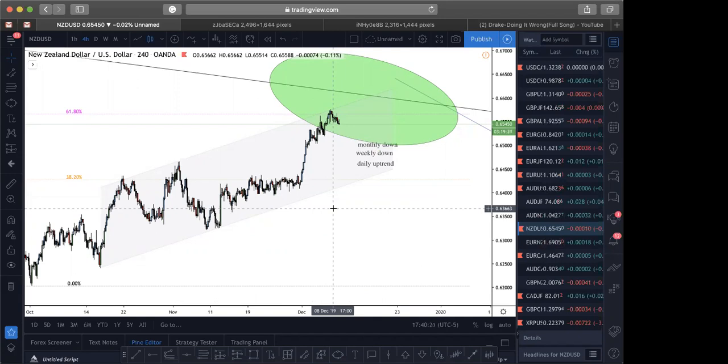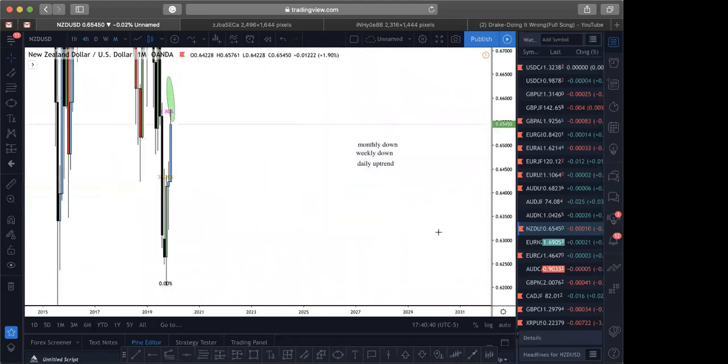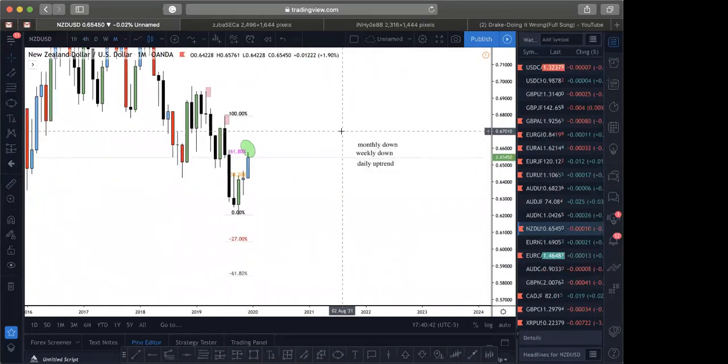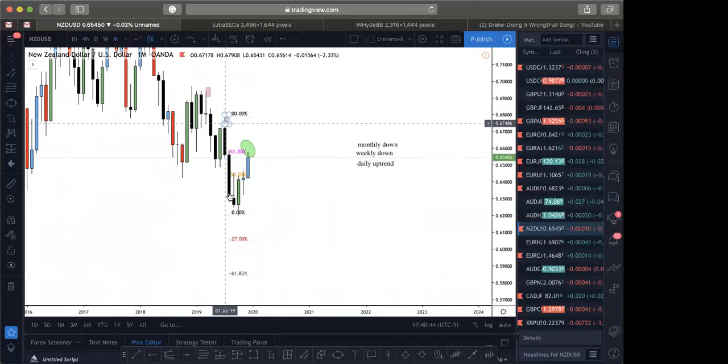Let's add up the reasons why we could go short in this green zone. One, the monthly trend is down. The weekly trend is down. The daily trend is simply a pullback on the monthly and weekly trend. This is the monthly, and this is the pullback.